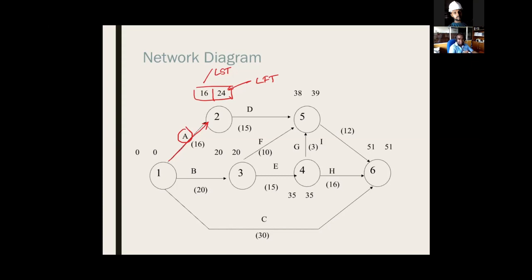In practice, that means that this has to start at the very beginning because it affects some other activities, right? And this activity can be delayed by 8 days. It's 24 minus 16, which is 8. So it's okay for this activity A to finish on day 24. We can finish on day 16, but it can finish at day 24. That doesn't affect the duration of the project. The project finishes at 51.